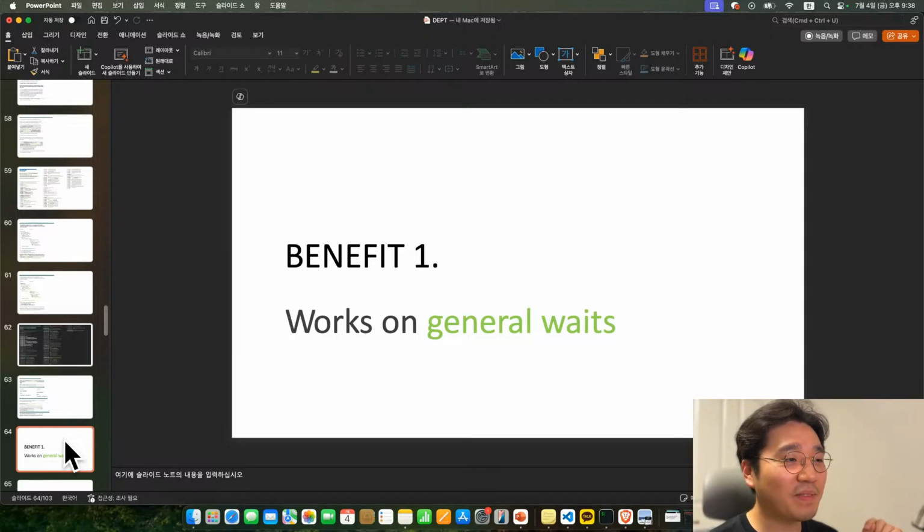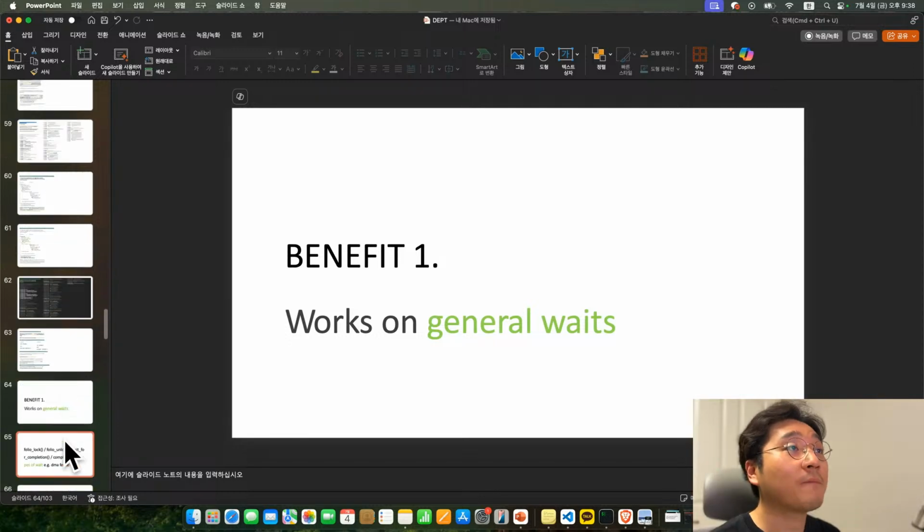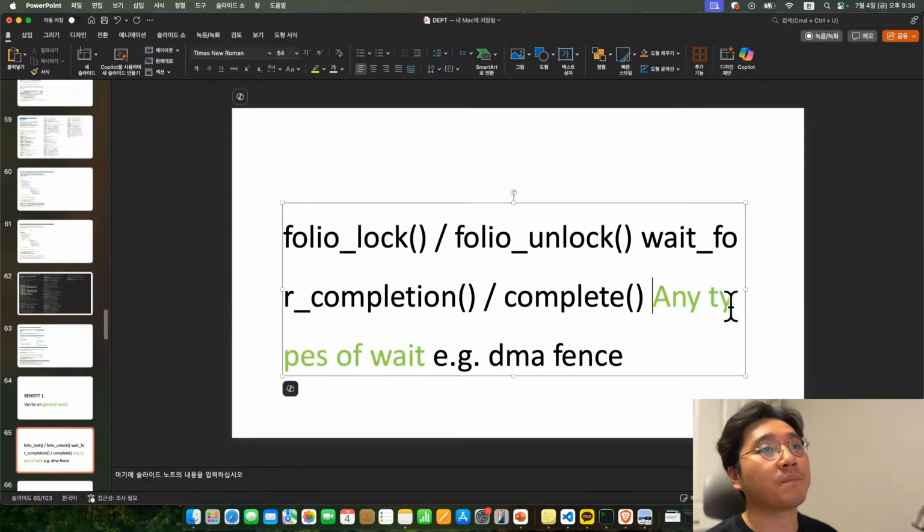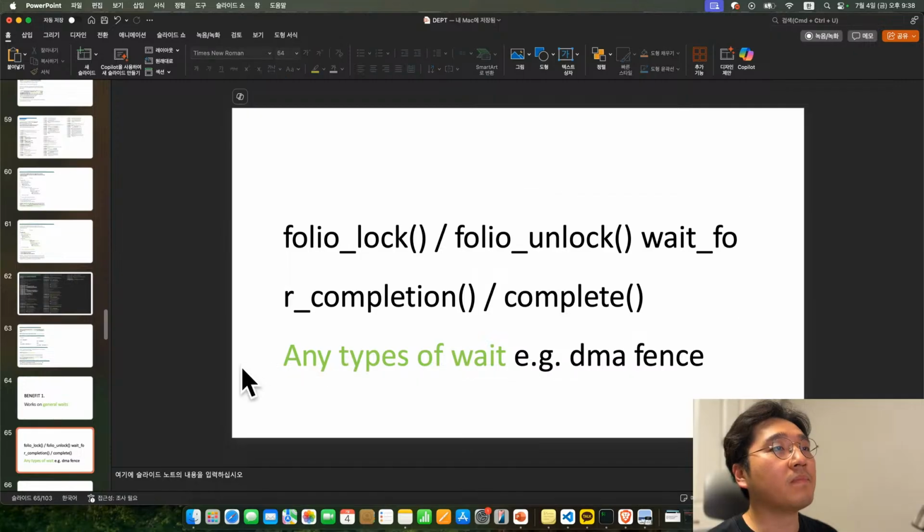Great, thank you. So as you know, a general wait makes some dependency, from the redefinition in DEPT, right? At the previous mailing list slide, there's a waiting, and there's some API, like DMA fence.